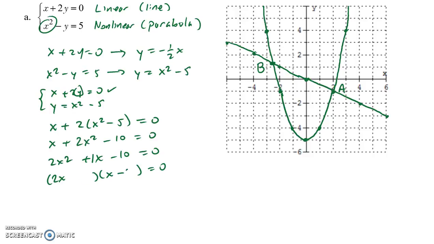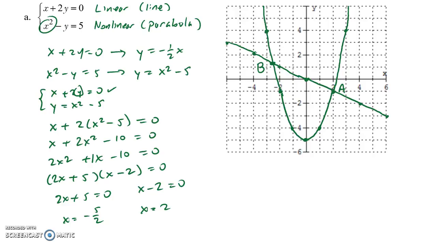Yes, so if I put minus 2 here and plus 5 here and check by FOIL, the outer product is negative 4x, the inner is positive 5x, and that would give you a middle term of plus 1x. So a little trial and error required. Sometimes there's an error before you get it right. In any event, we've successfully factored the polynomial. Then if we set the factors equal to 0, and solve for x, our first solution would be negative 5/2, and our second solution would be x equals 2.